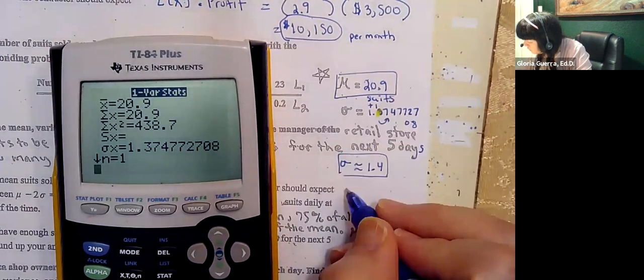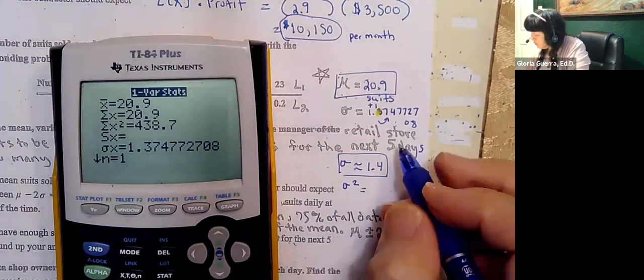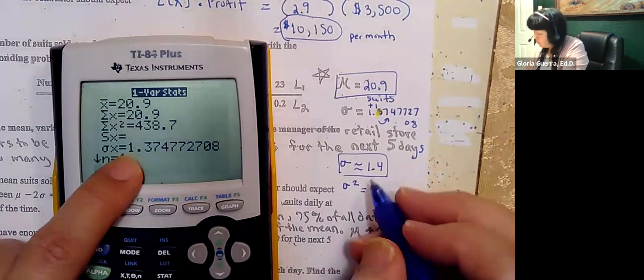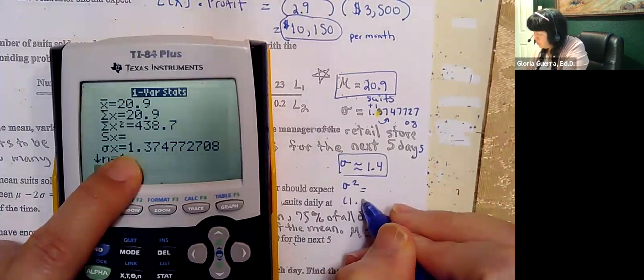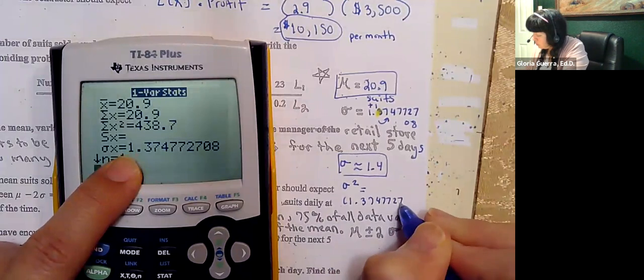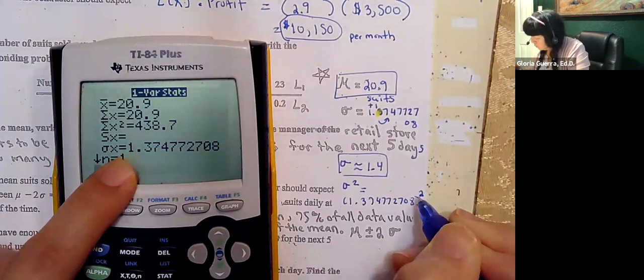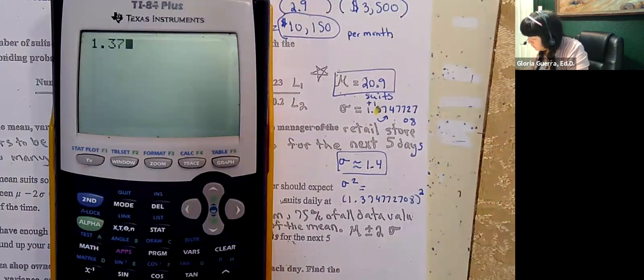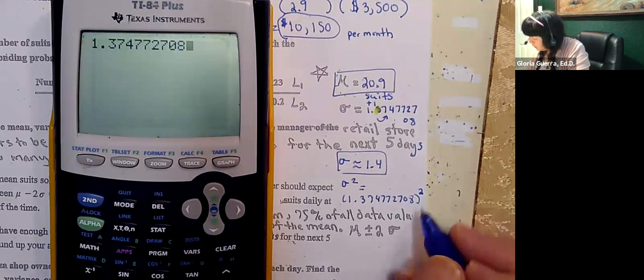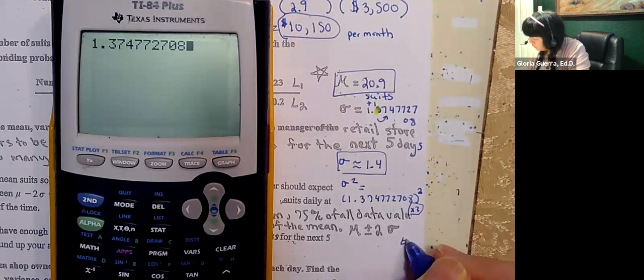Now let's do the variance. Looks like I forgot about it. You're going to take this value and square it. 1.374772708, and then hit the X squared button, which is right here, then the enter button.